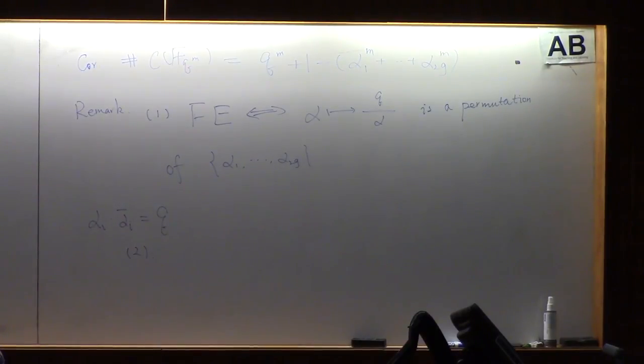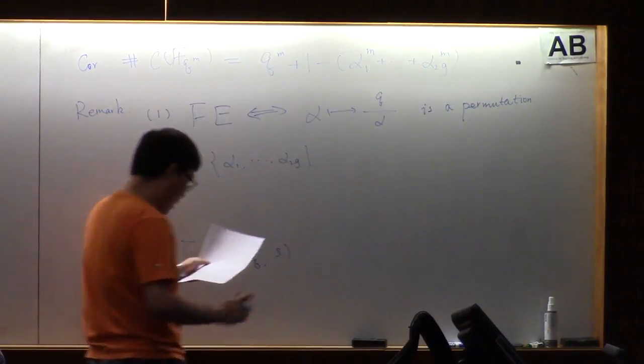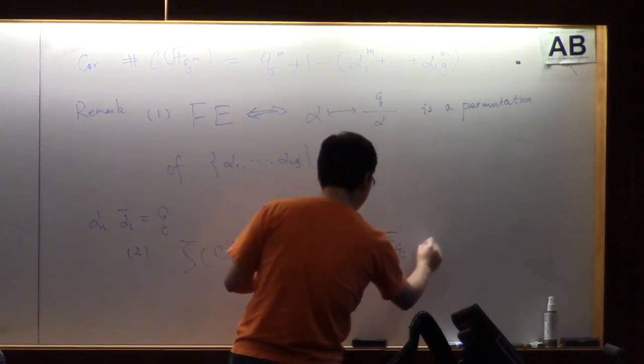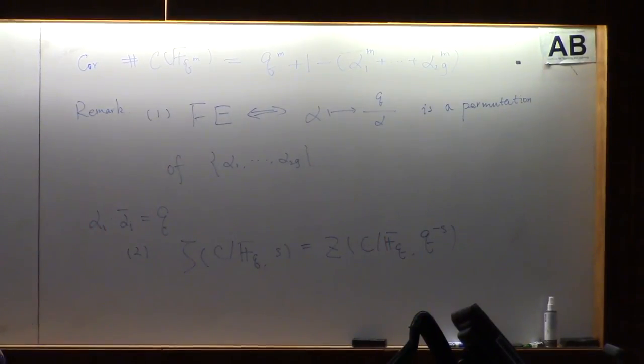The second part is the thing you just asked. Why is this called the Riemann hypothesis? Because for simplicity, I just defined the zeta function in this way, but you can do a change of variables. In the definition of the zeta function, I introduce a new variable s, and I replace the variable t by q to the negative s.